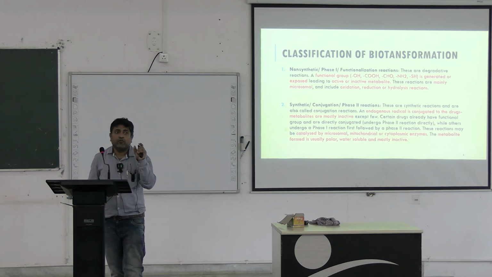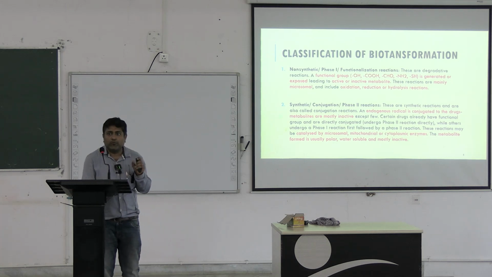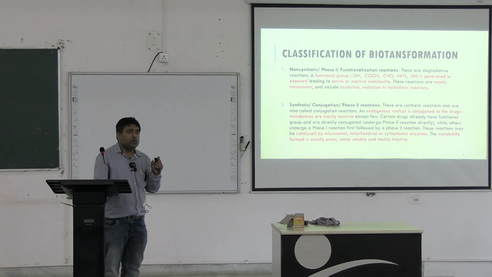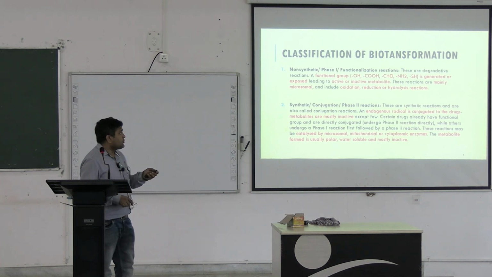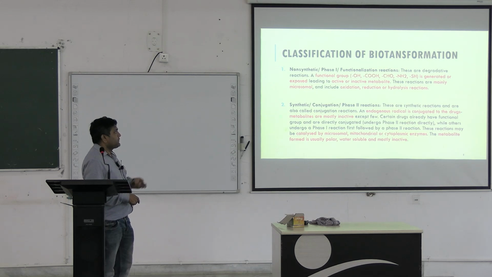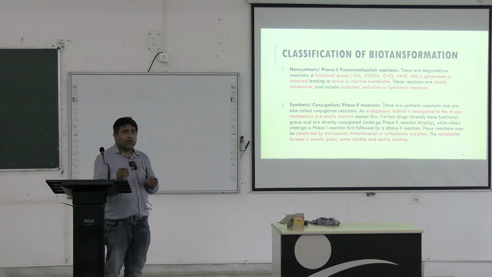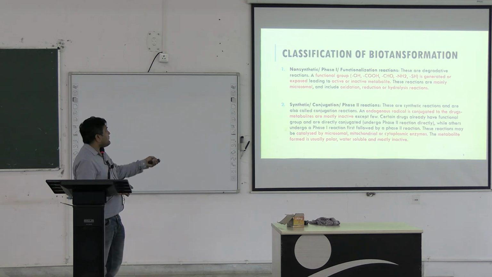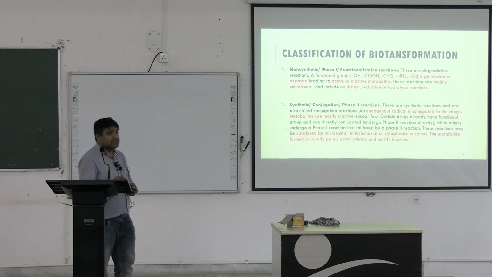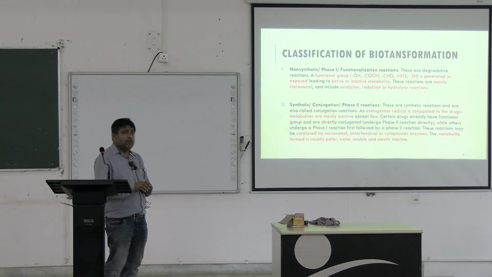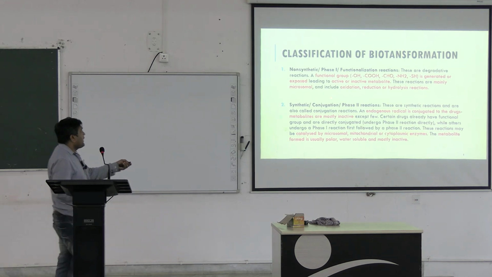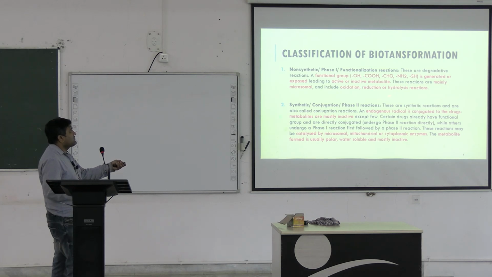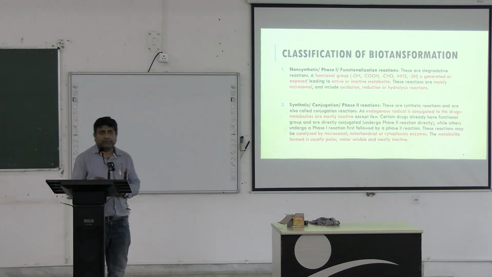A functional group is added, like a hydroxyl group, carboxylic acid group, or sulfhydryl group, so that the drug can become polar. Either it is added or it was within the drug and is exposed, so that the drug becomes polar, leading to an active or inactive metabolite. These reactions are mainly microsomal, we will come to it later on, and include oxidation, reduction or hydrolysis reactions.